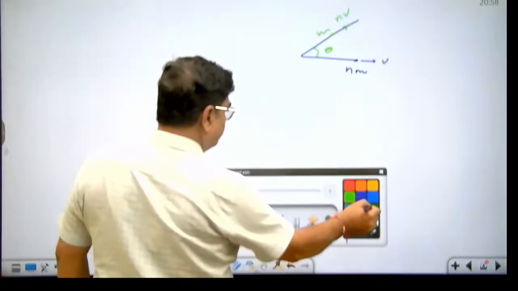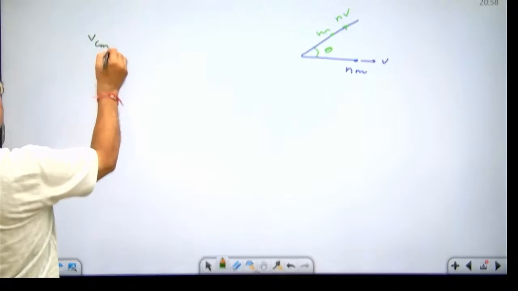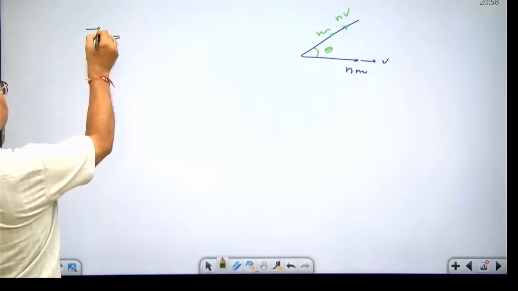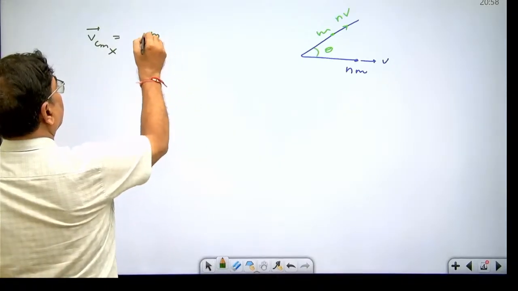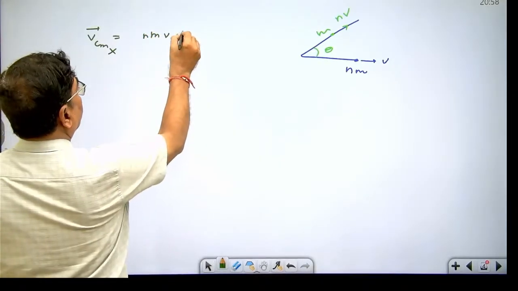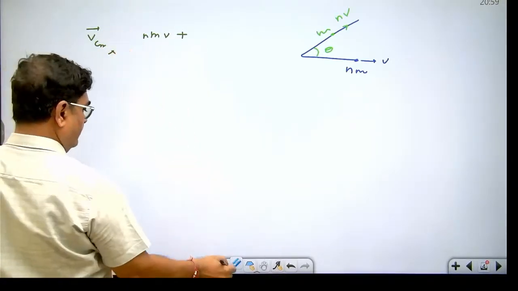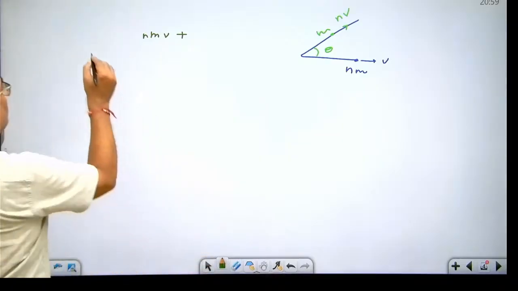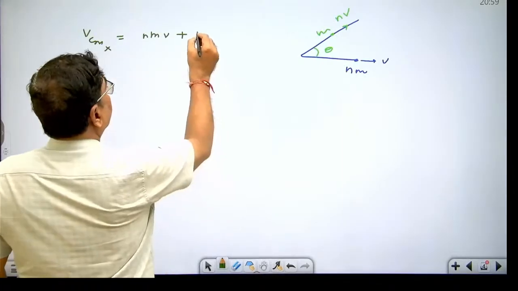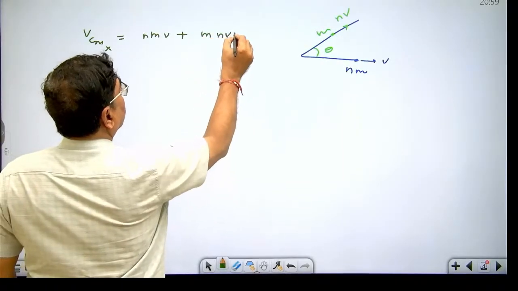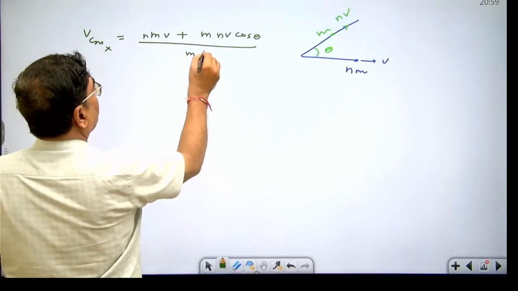So dear student, first we are calculating the velocity of center of mass in the x direction. This is nm v plus m into nv cos theta, divided by m plus nm.